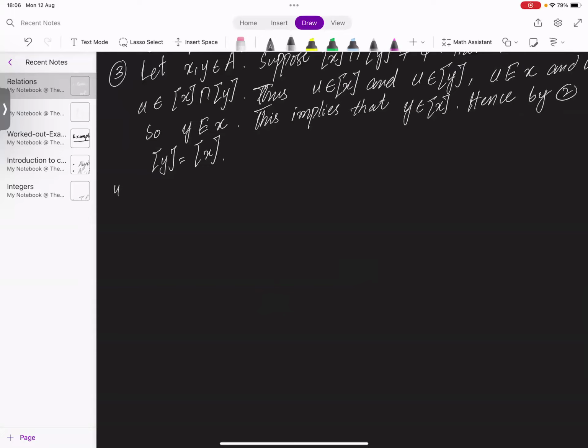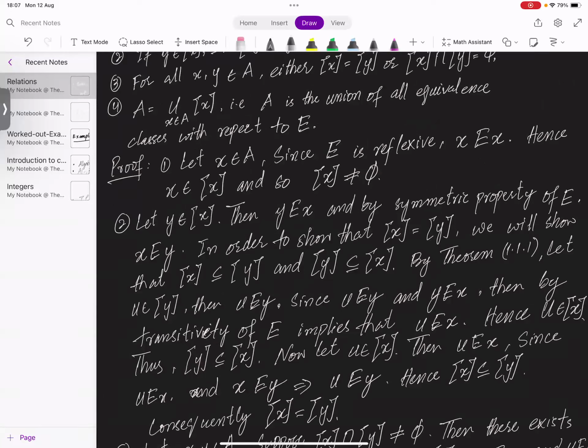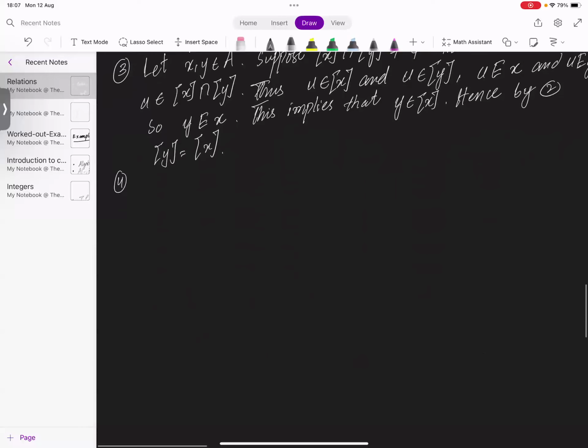Now, number 4 is that A is equal to the union of all the equivalence classes for all the elements inside A. We prove that by saying let x be in A, then x is in the equivalence class of x itself, which is contained in the union of all the equivalence classes. Thus, A is a subset of this union.